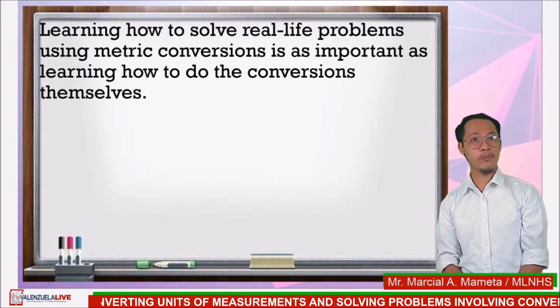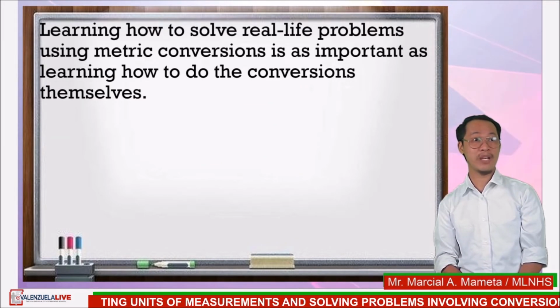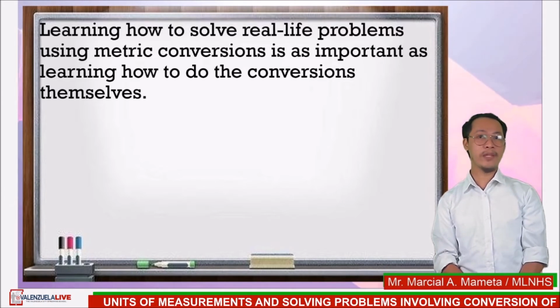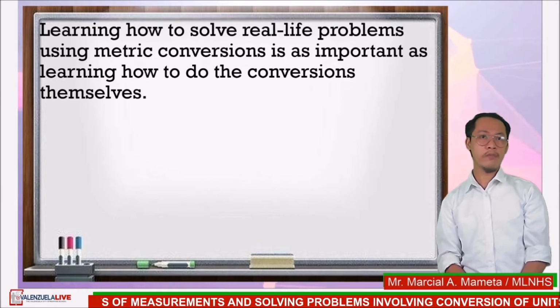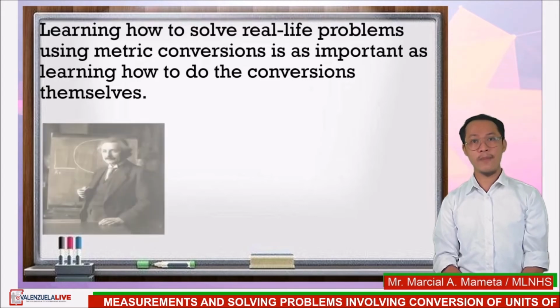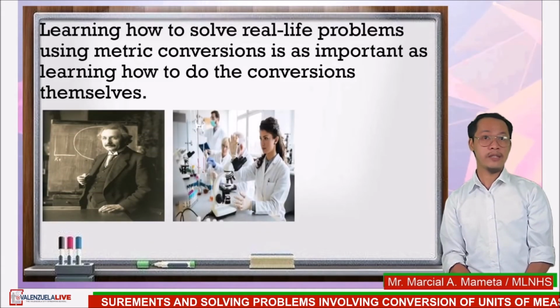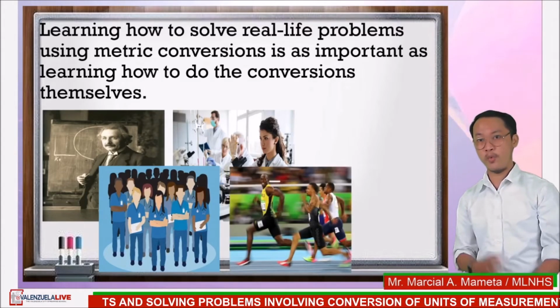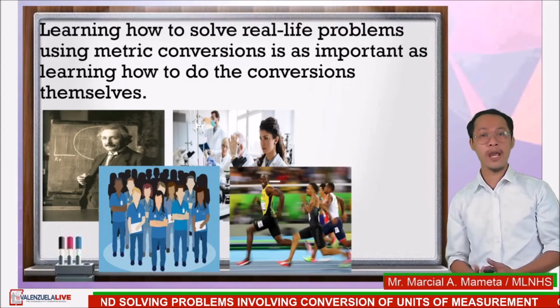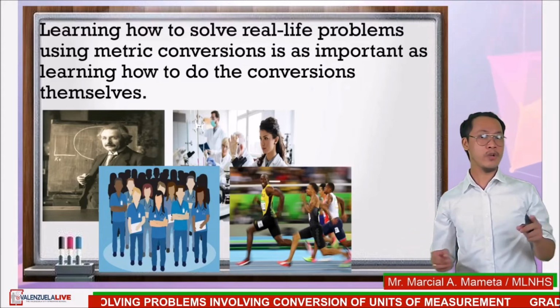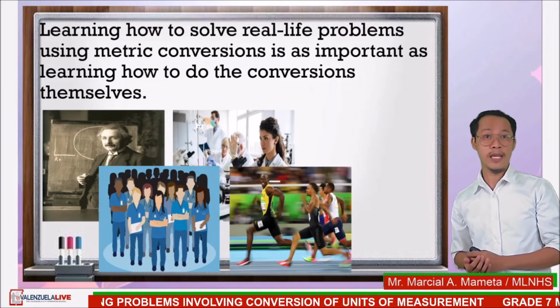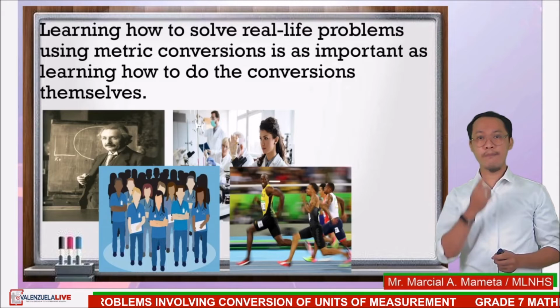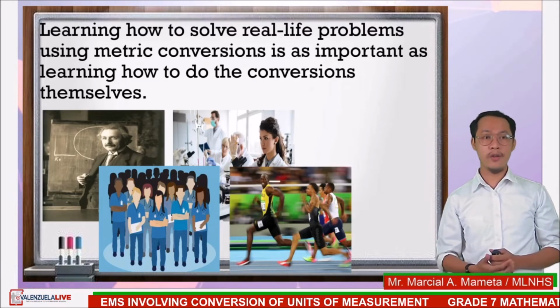Learning how to solve real-world problems using metric conversions is as important as learning how to do the conversions themselves. Mathematicians, scientists, nurses, and even athletes are often confronted with situations where they are presented with information using metric measurements and must then make informed decisions based on that data.